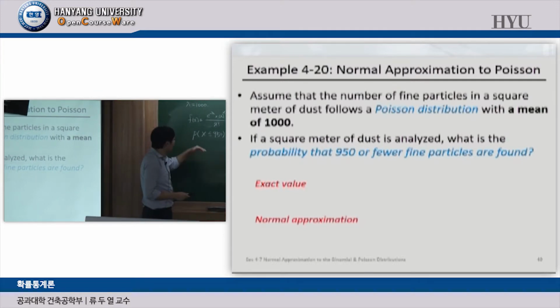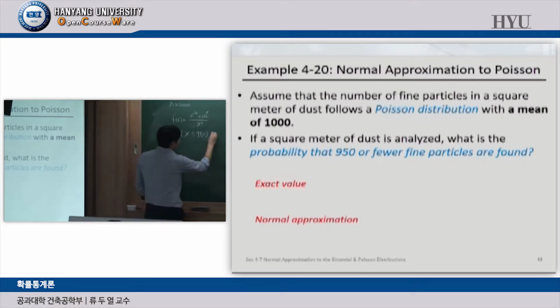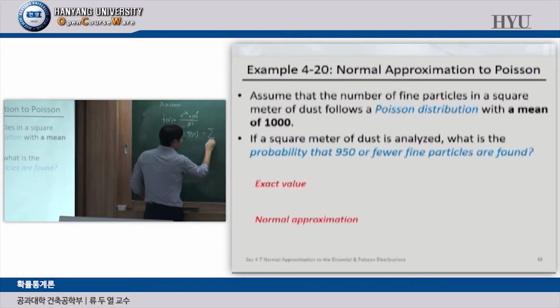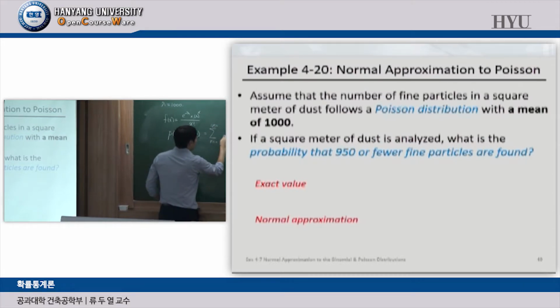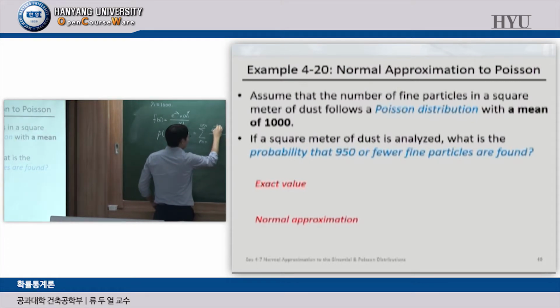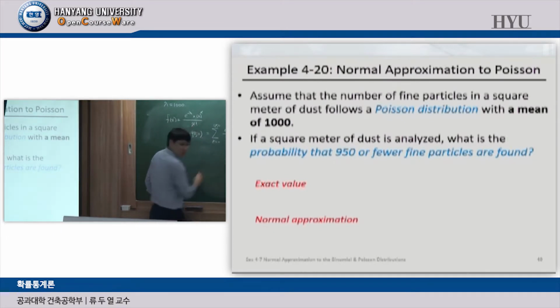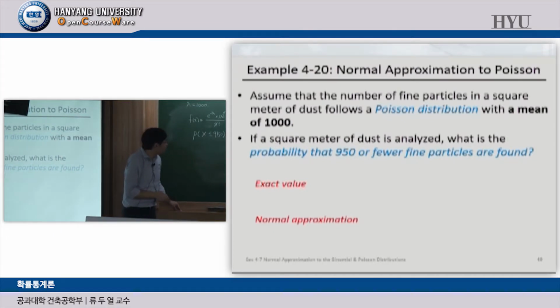So if we calculate this based on the Poisson distribution, there will be the summation of k from 0 to 950 of e to the minus 1,000 times 1,000 to the k power over k factorial, right? So in that case, it is almost impossible to calculate this with a scientific calculator by hand, right?